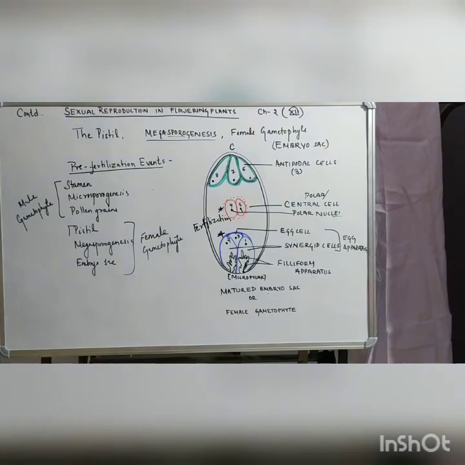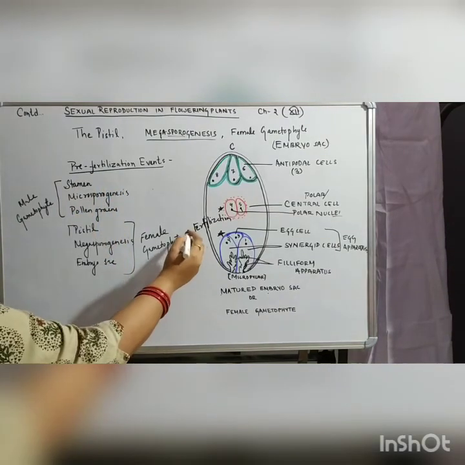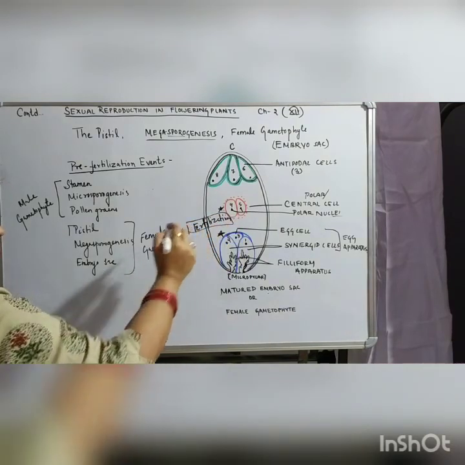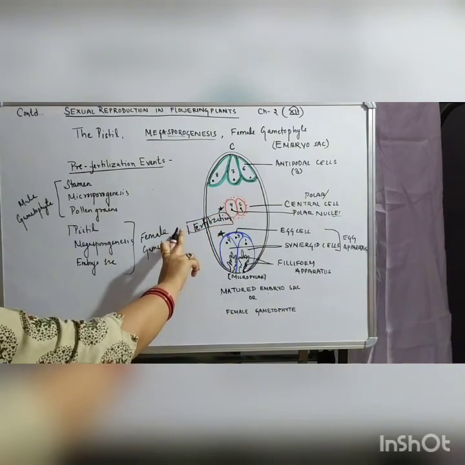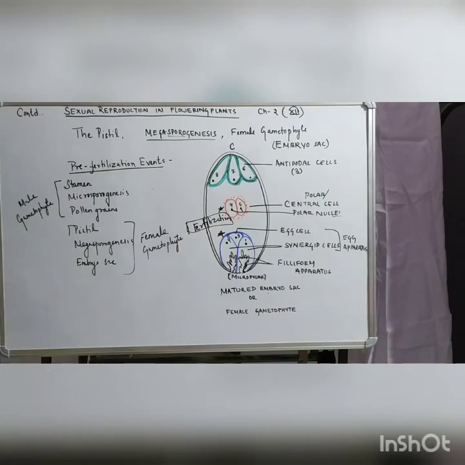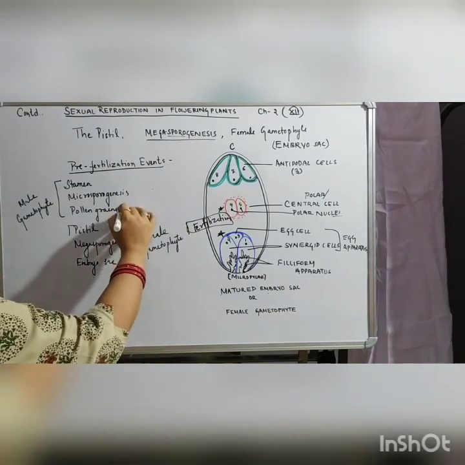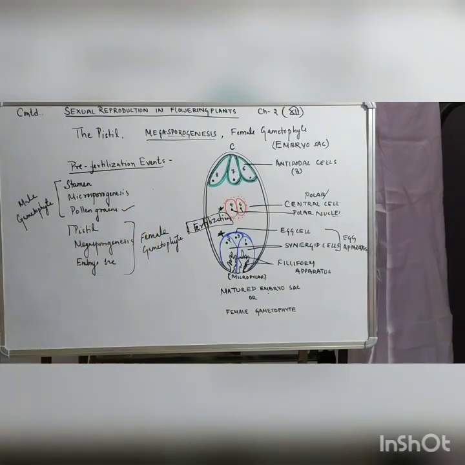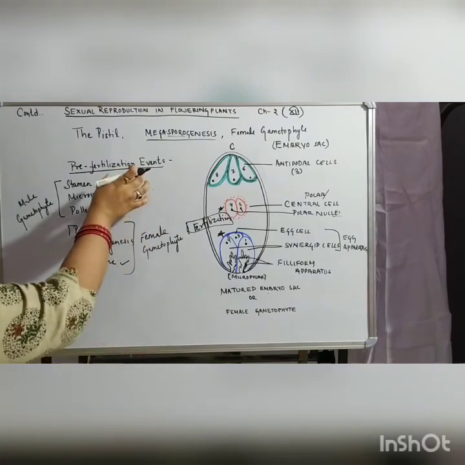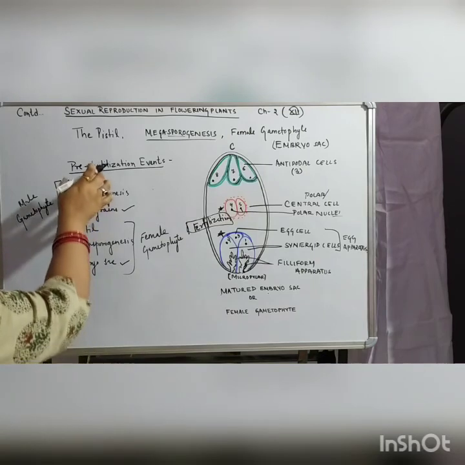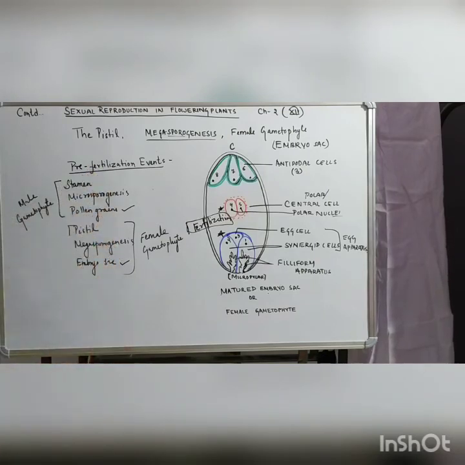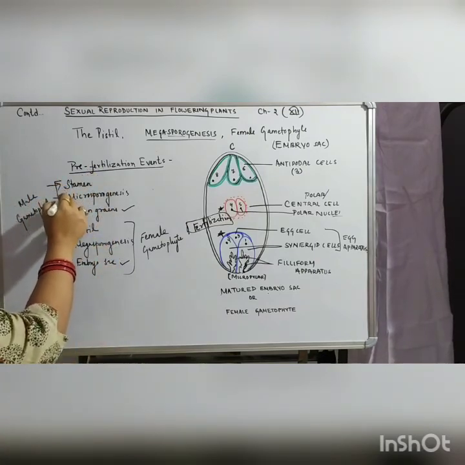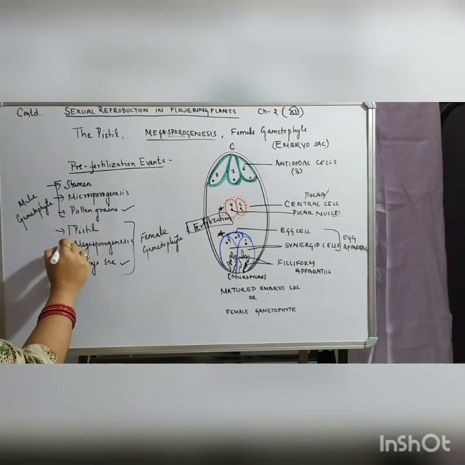So in short, what we talked about in this pre-fertilization event, just before fertilization, what are the actions or what are the conditions required? Like pollen grain is required, embryo sac is required. So we have covered these topics with all these headers.